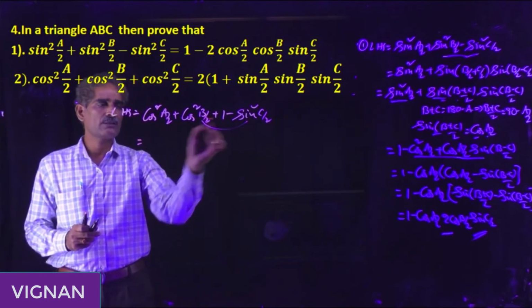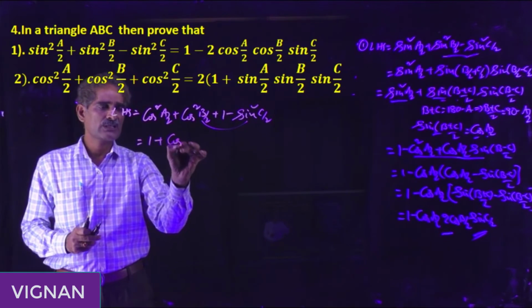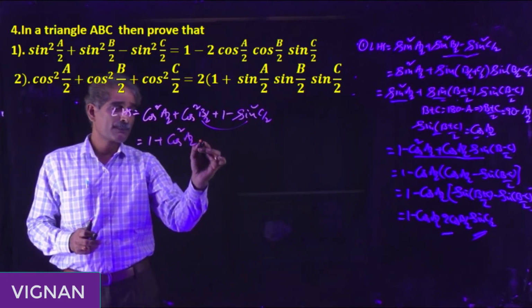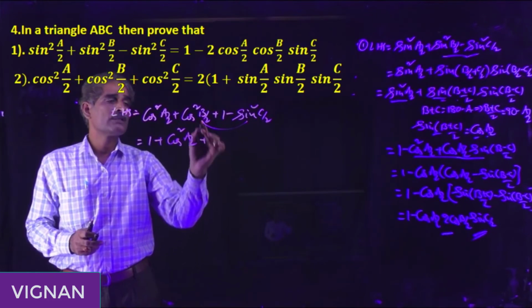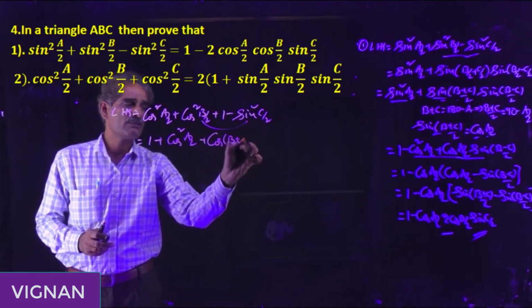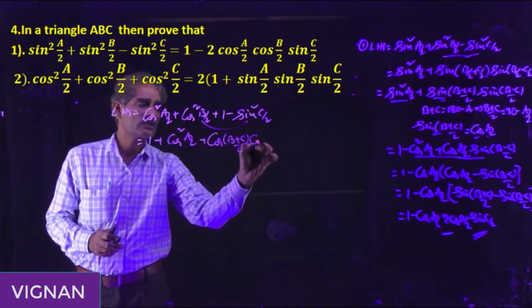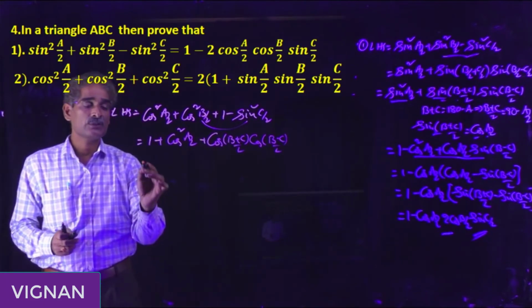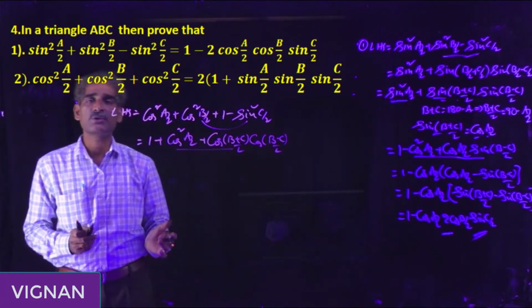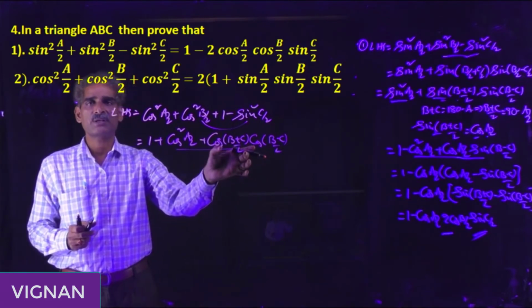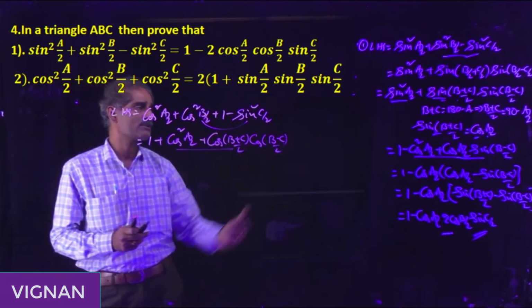Here we can write 1 plus cos square A by 2 plus cos square A minus sin square B, that is cos A plus B into cos A minus B, so cos (B plus C)/2 into cos (B minus C)/2. Now observe these terms. How can you take common? Simple. Write down the formula for cos (B plus C)/2. Already we discussed sin (B plus C)/2.